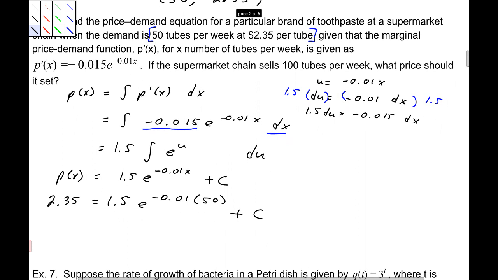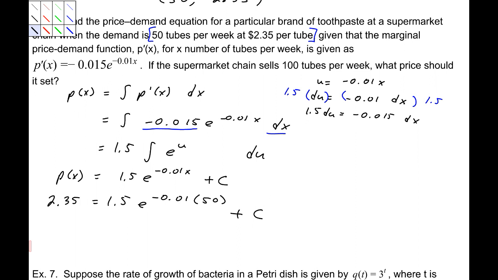Well, if I calculate that first part, 1.5 times e to the negative 0.01 times 50, that is going to be 0.909795.